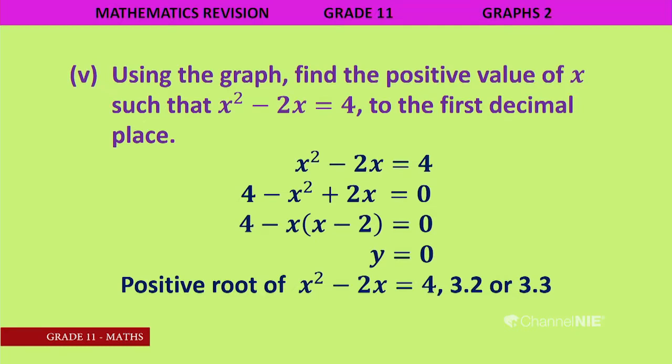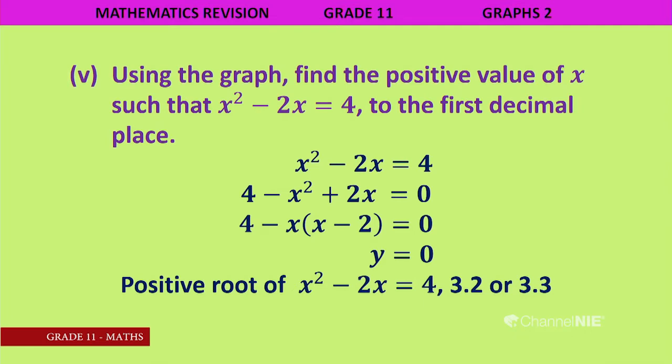Then after changing the side, you have 4 minus x squared plus 2x equals 0. Changing sides gives minus x squared plus 2x plus 4, which is 0. Here you can see that x is common: x times (x minus 2).